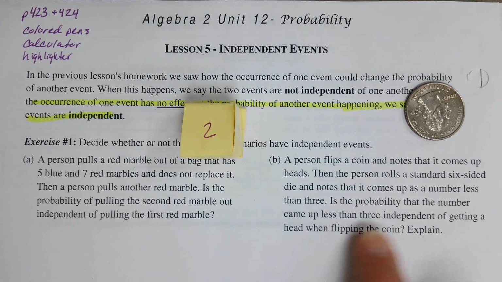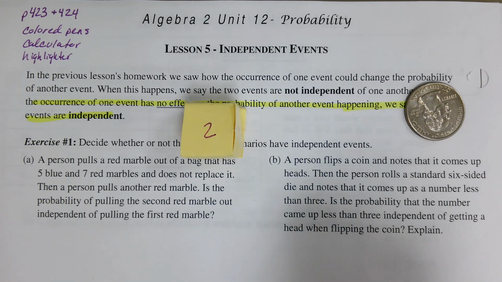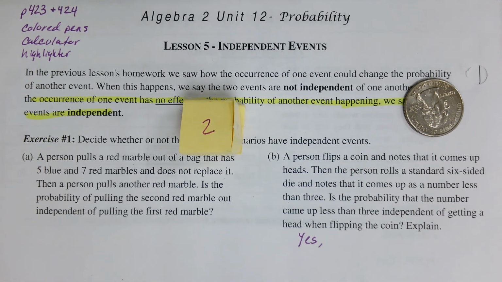Is the probability that the number came up less than 3 independent of getting a head when flipping the coin? Well, yes. They have nothing to do with each other. The two events are independent.